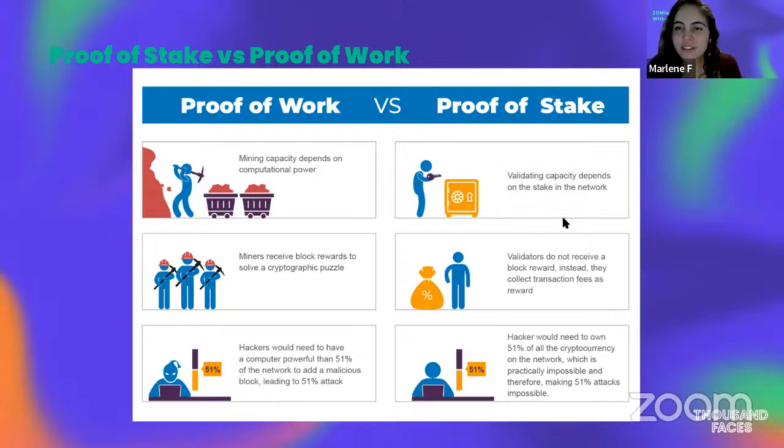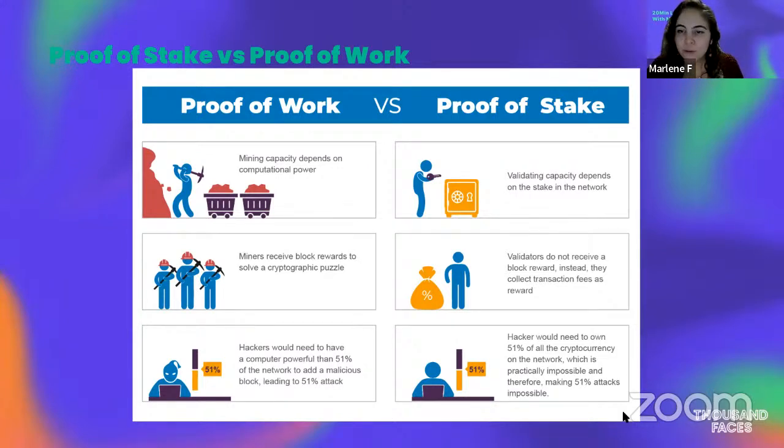And in proof of stake, the validators do not receive block rewards. They collect transaction fees. So it's a bit different. It's still a reward system, it's just a bit different. And in terms of hackers, in proof of work, the hackers need to have very high computational power. And if they have very high computational power, they have increased odds of hacking the system.